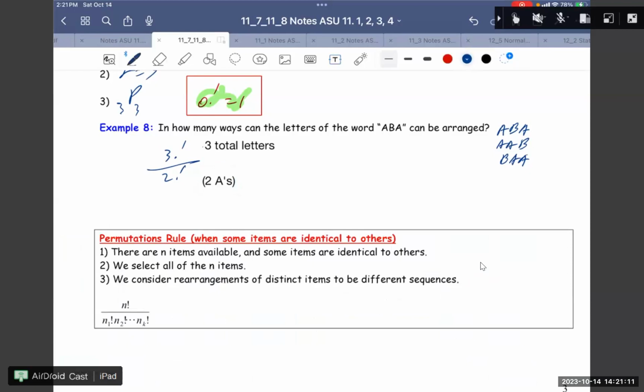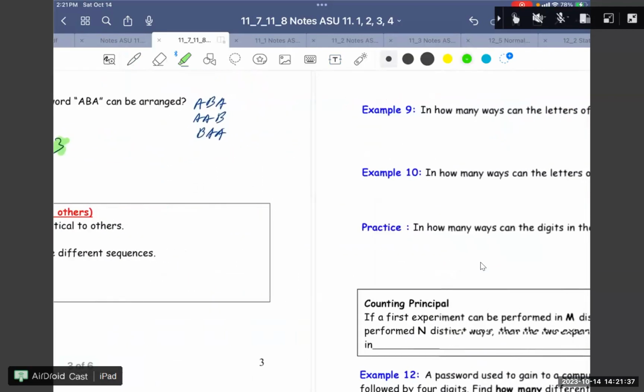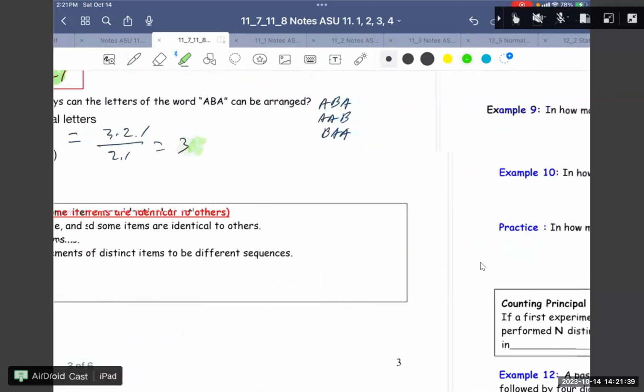So this one equals 3 times 2 times 1 over 2 times 1. So this one is 3.